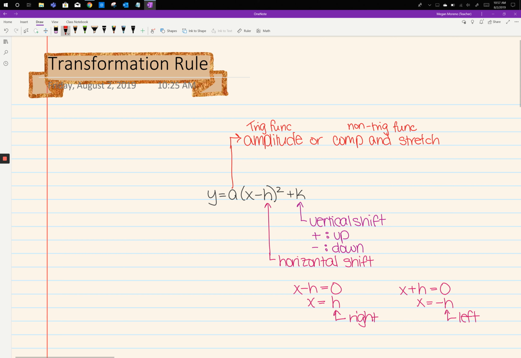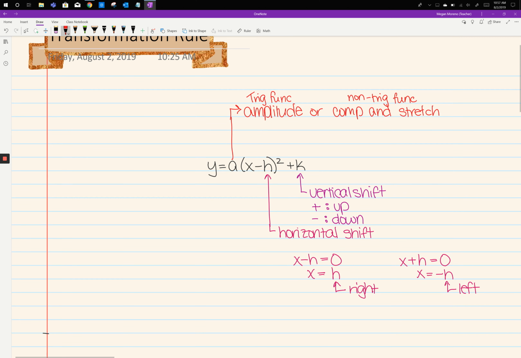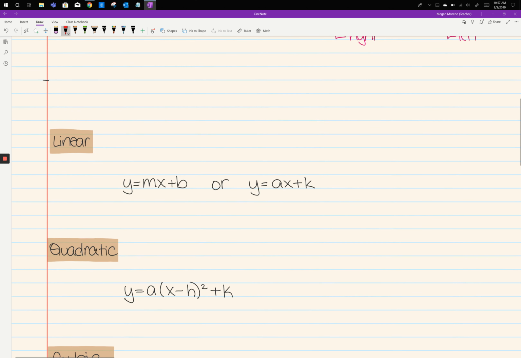All right. And like I said, this type of rule, this transformation rule, as long as you know what a, h, and k are and how to figure out the directions you're moving based on what those values are, you can be able to use this rule for linear functions, where here you don't have an h, because if you were to figure out a times (x minus h) plus k, your a times h is just going to be a constant, which with that k that's also a constant, it will turn into just the vertical shift.